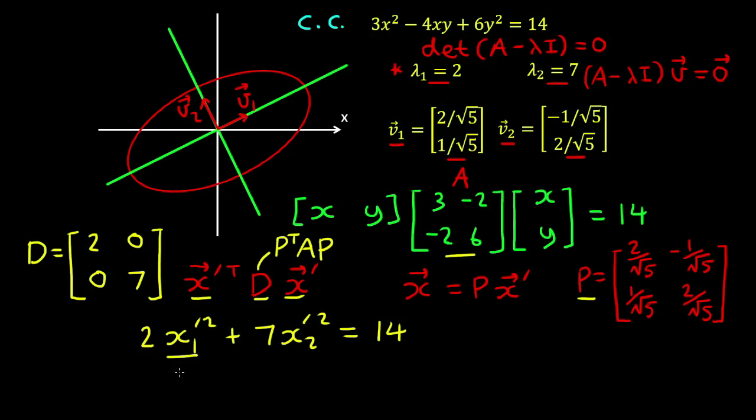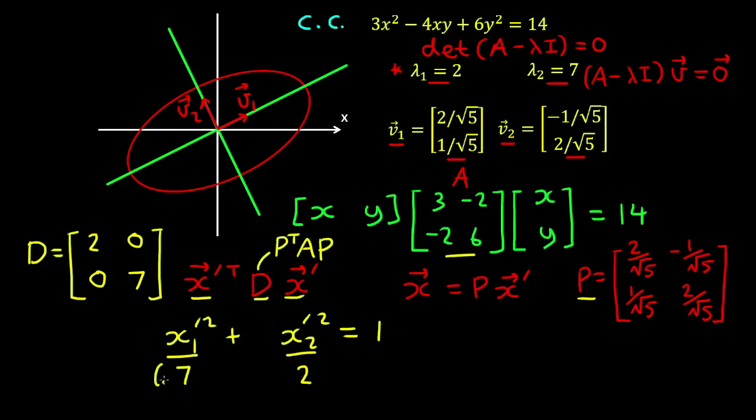And now if we divide through by 2 and 7, the 2's cancel and the 7's cancel. And we'd have 14 on 2 by 7 on the right hand side, which gives 1.